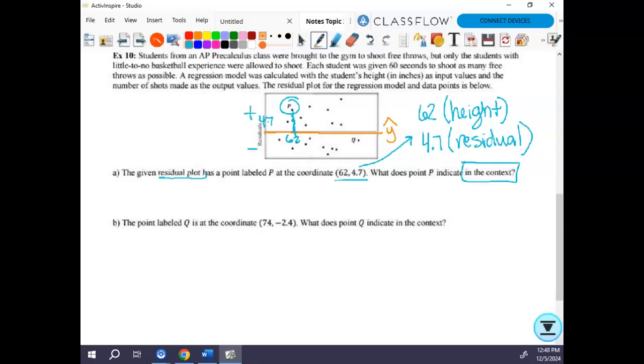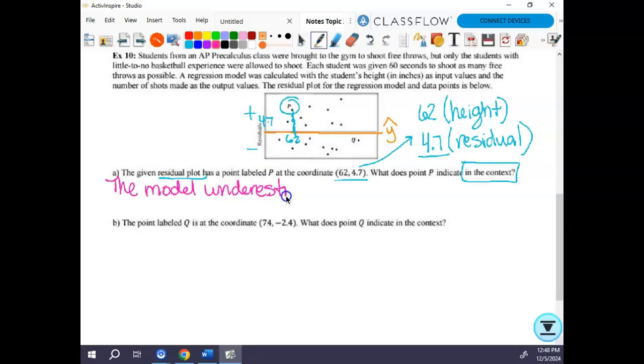So that being said, whether we know that's exactly 4.7 or whether we know it is just positive, does the model overestimate or underestimate? Under, because it's under the point, right? So we can say that the model, or the regression, underestimated.